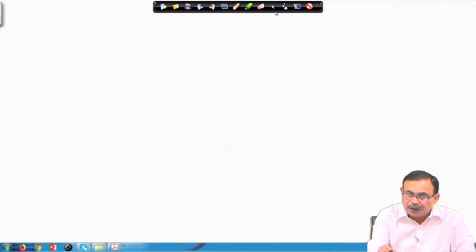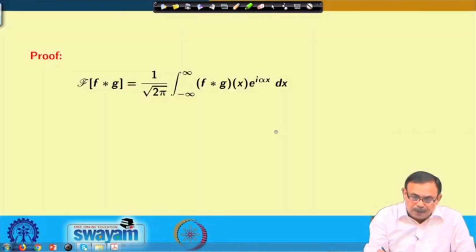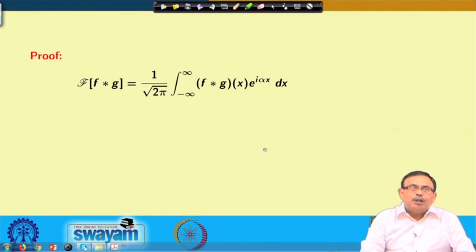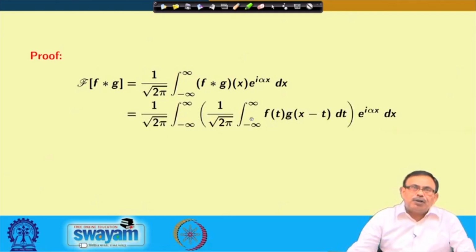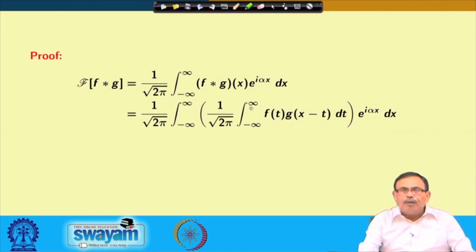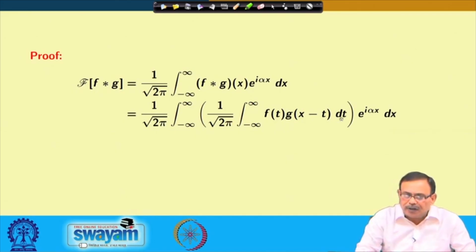So, just let us see the proof of this. I have written this Fourier transform of f star g as 1 by root 2 pi, minus infinity to infinity, f star g of x into e power I alpha x, which is equal to, if I use here this f star g, I am writing in the form of using the definition, 1 by root 2 pi minus infinity to infinity f t into g of x minus t dt.